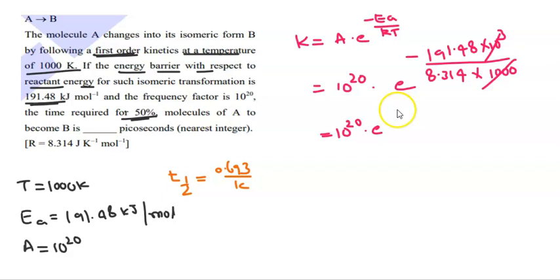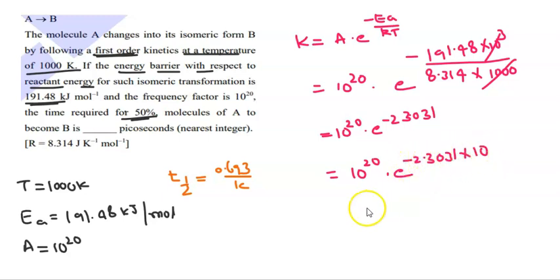That will be equal to 10 to the power of 20 into, if you solve this one, e power minus 23.031. That can be written as 10 to the power of 20 into e power minus 2.3031 into 10. That can be taken as 10 to the power of 20 into e power minus 2.303, which can be written as e power minus ln 10, into 10.